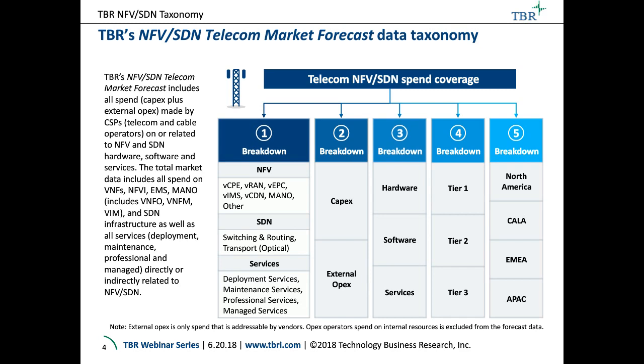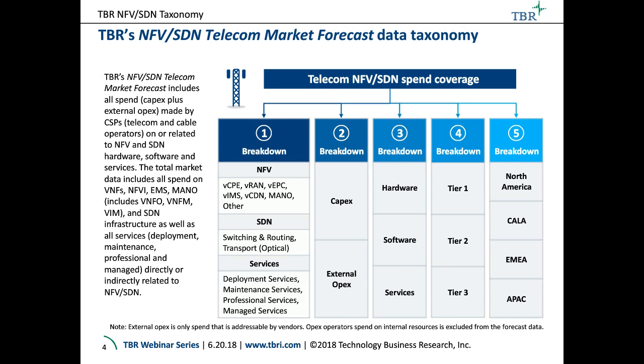So we include some of the cloud-related spend as well. That would be the NFVI component, that foundational component from which you house the VNFs. All of that spend related to those environments is included in our numbers. We provide breakouts across NFV, SDN, and services specifically. Then we also break it out by CapEx and external OpEx.